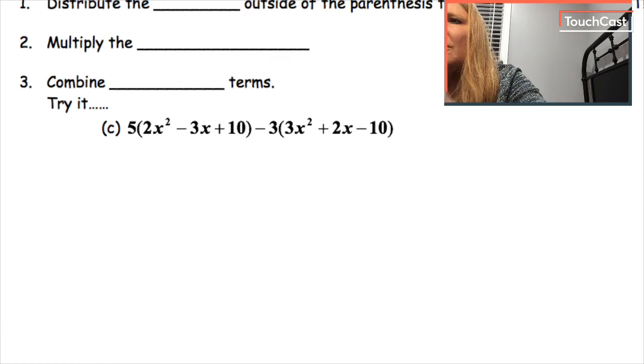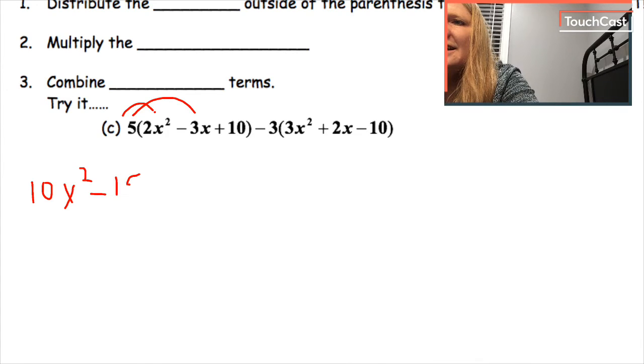So we're going to do the 5 times the 2x squared, and that's 10x squared. I think we already did this problem, but let's do it again. 5 times negative 3x, negative 15x. 5 times 10 is plus 50. Oh, I think what changed was this negative right here.